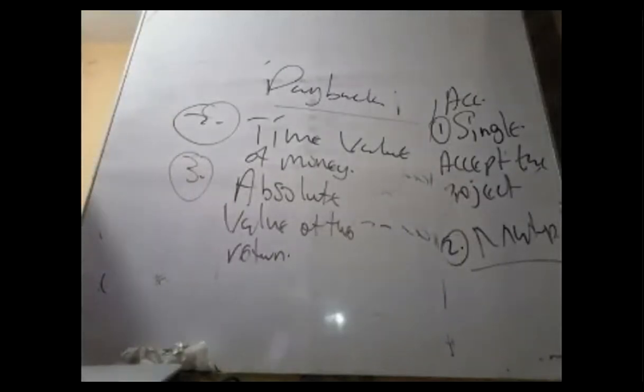Absolute value of the return. This is a challenge for payback. It will just tell you, oh, in 2 years the project will pay back, but the return that you get, it will not tell you.